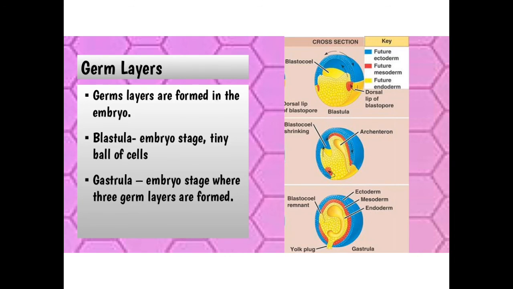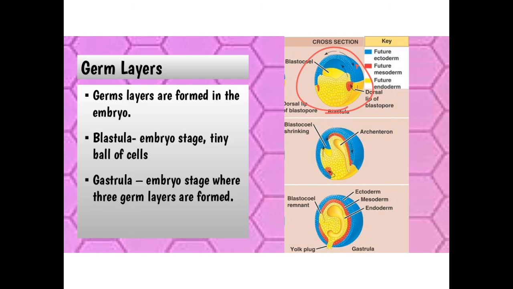So again, just looking at those three germ layers, so an embryo does have those three germ layers: ectoderm, mesoderm, and endoderm. And an embryo in its early stage is called a blastula, which is just a tiny ball of cells. So here we have our blastula, and we can see those three parts.